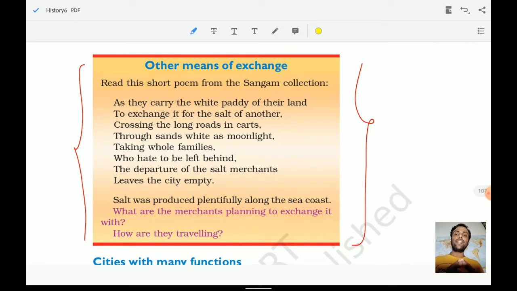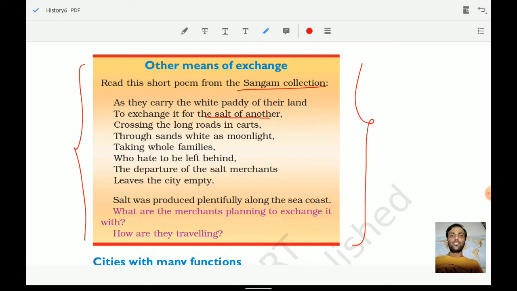We were just understanding the barter system, and this particular paragraph is also talking about it. There was a poem in the Sangam collection telling about the barter system, right? They were selling salt, and in exchange for the salt, the required things were given to them.